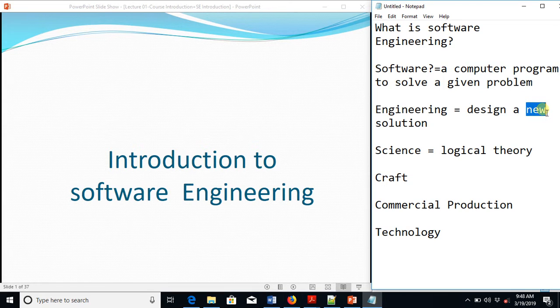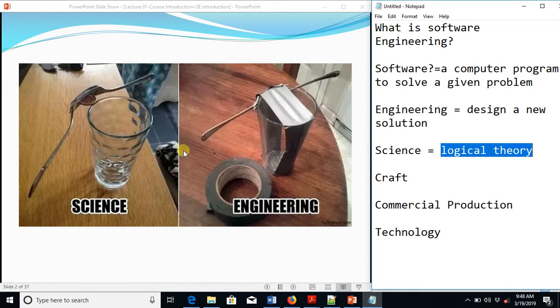From this you can conclude that science is about logical theory and engineering is about solutions using that logical theory. This example may make it more clear.